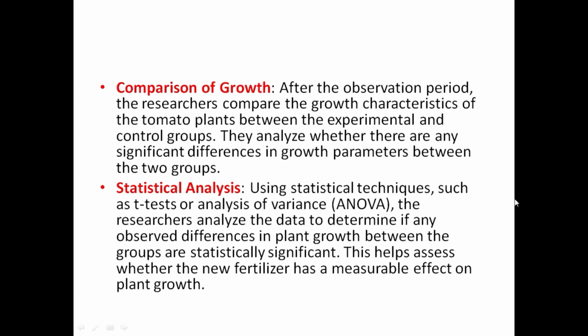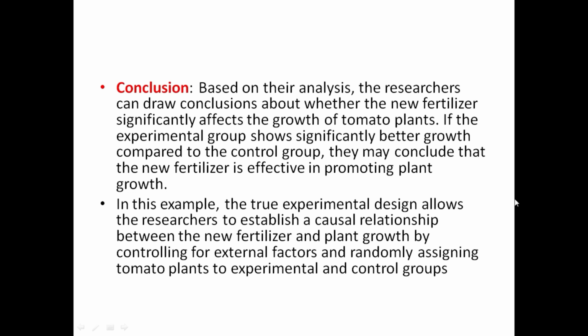After that they do a statistical analysis using ANOVA, though there are different methods to analyze the data. On the basis of the analysis, the researchers can draw conclusions about whether the new fertilizer significantly affects the growth of tomato plants.